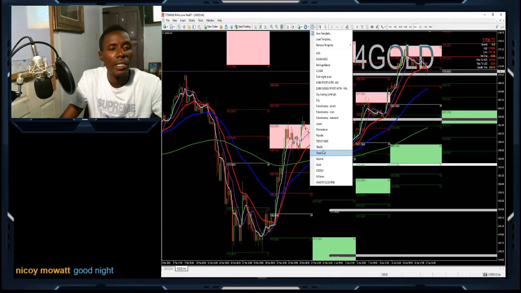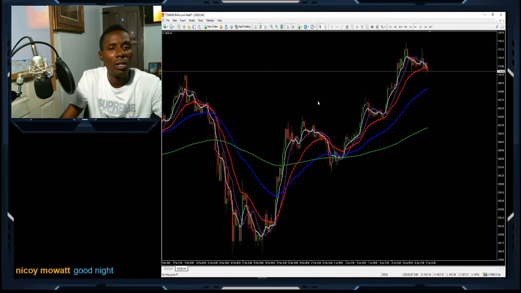Too many lines, right? And I don't really need them. I can take out the candlesticks and give me a line chart, I'll be fine because the price action remains the same. Just an extra tool that I use. I need my pivot points. So we can use what we have right there.